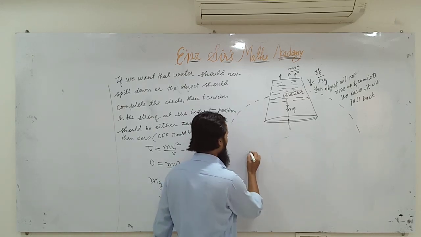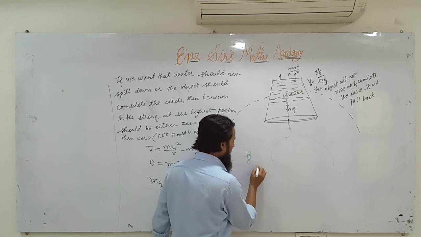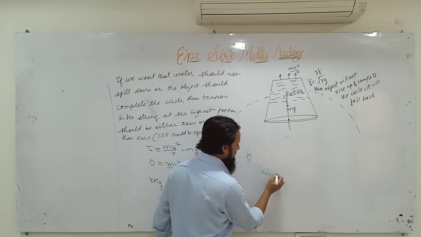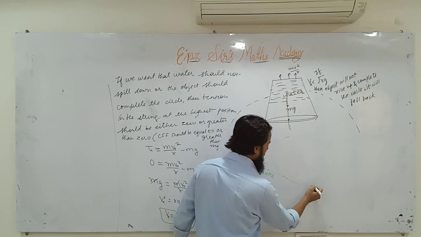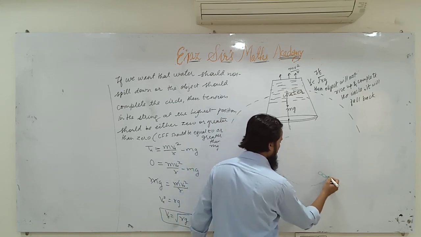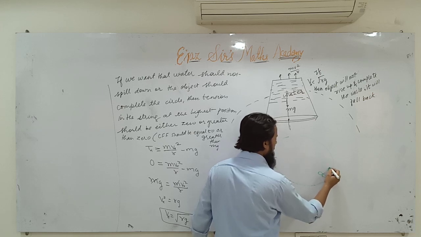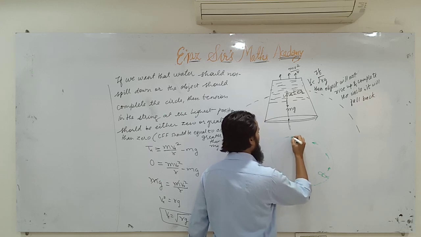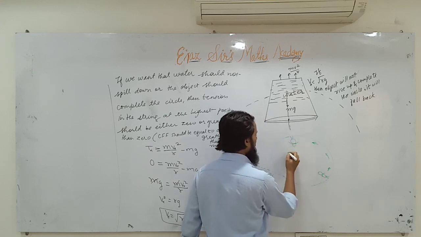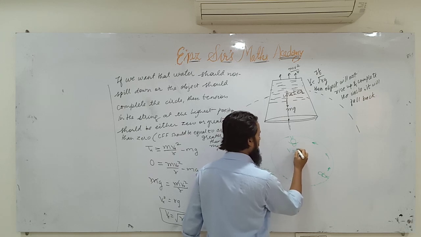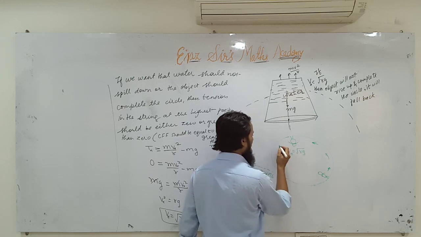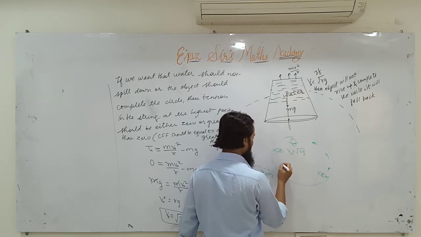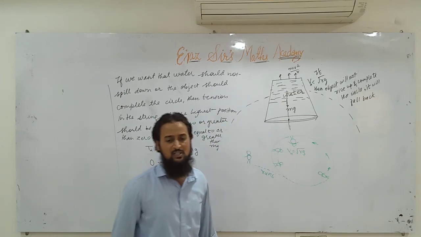Otherwise, I wanted to show you a video in which there is a person whose name I don't remember. He is a bald person. He runs very fast, and he comes here at the topmost position. His velocity is equal to or greater than root rg at the highest position, and he completes the circle. That guy is, I think, an American guy. He is an expert in doing such stunts.